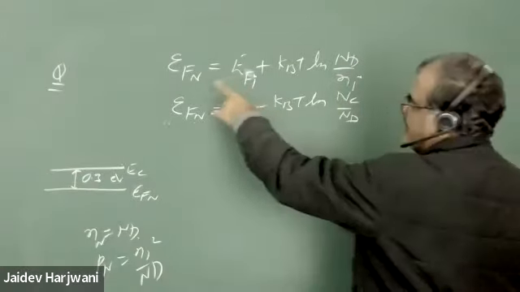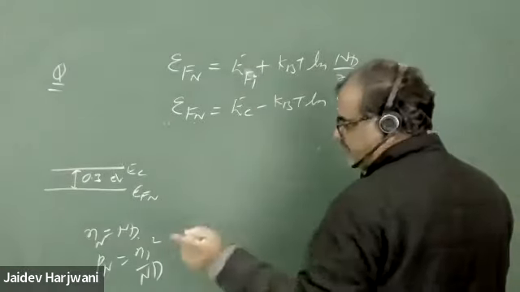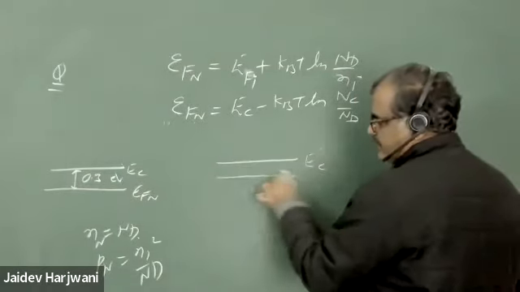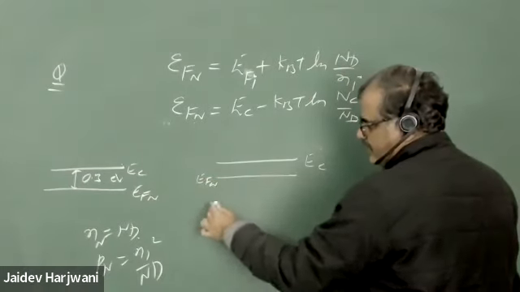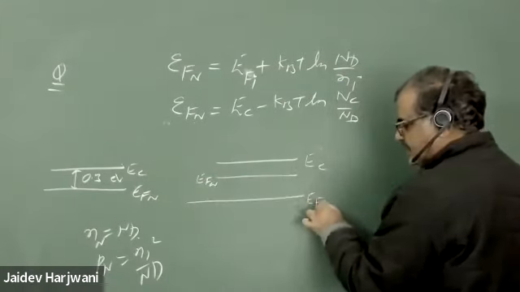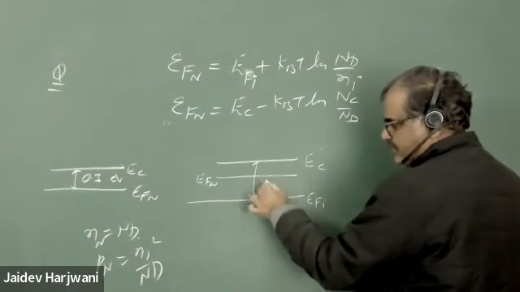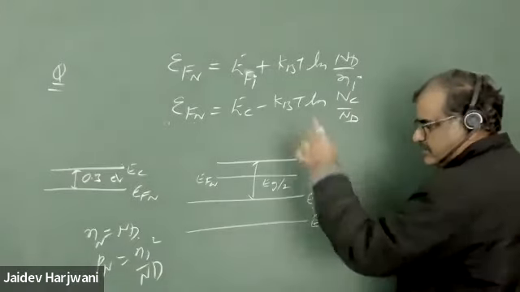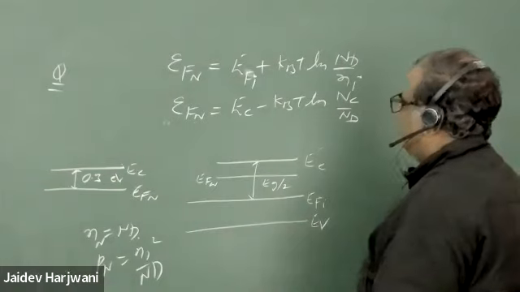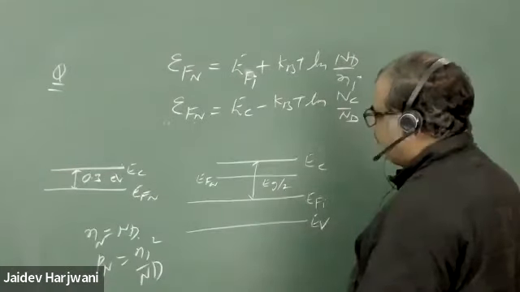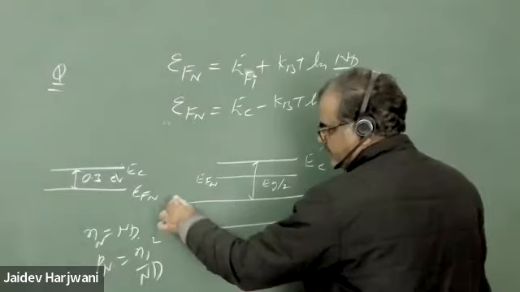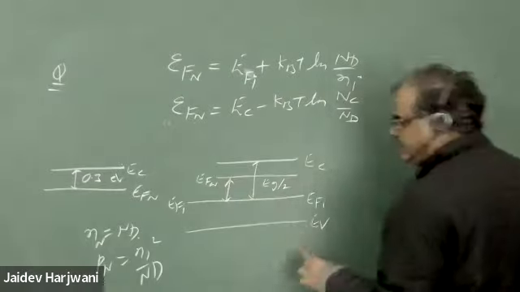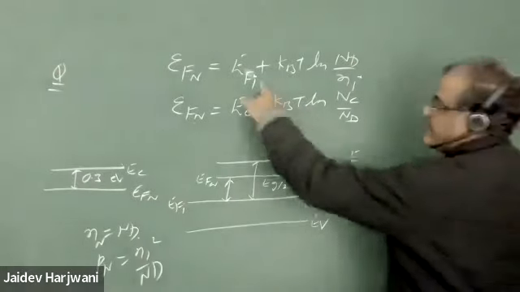Now in order to use this formula, I want EFI. For that, they have given you the band gap. So this is your EC, this is your EFN, and you have here somewhere EFI, which is half of EG, EG by 2. This is your EV. So they have given you the gap. Now you can use this gap to find EFI. If I want this gap, I want EFN minus EFI.